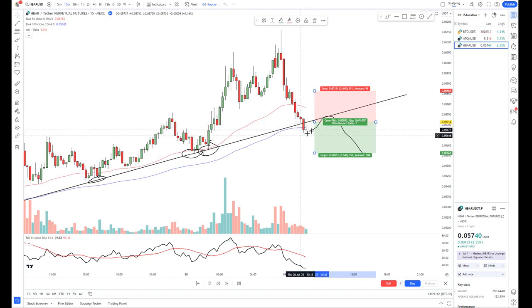The only downside to this is that the 200 EMA broke down here, so to fill this trade, it has to move a bit back up through the support or resistance the 200 EMA formed. So it could be tricky.